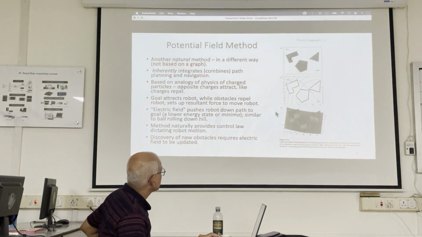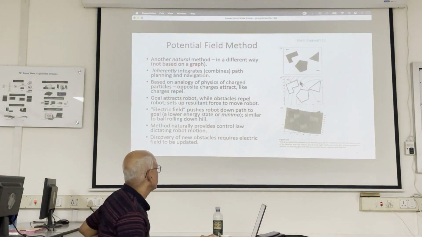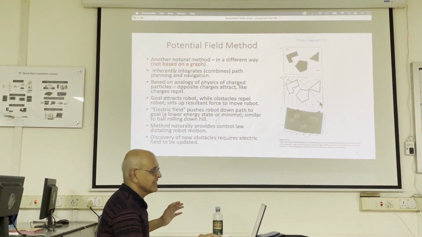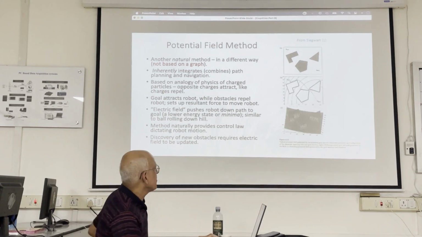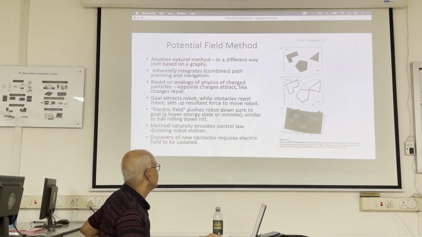These are fields of equal potential. This is the electric field, which is perpendicular to the lines of equal potential, right? And so what happens if you do it right, the robot kind of rolls down a hill of potential. The robot goes down a hill of potential all the way to the goal.